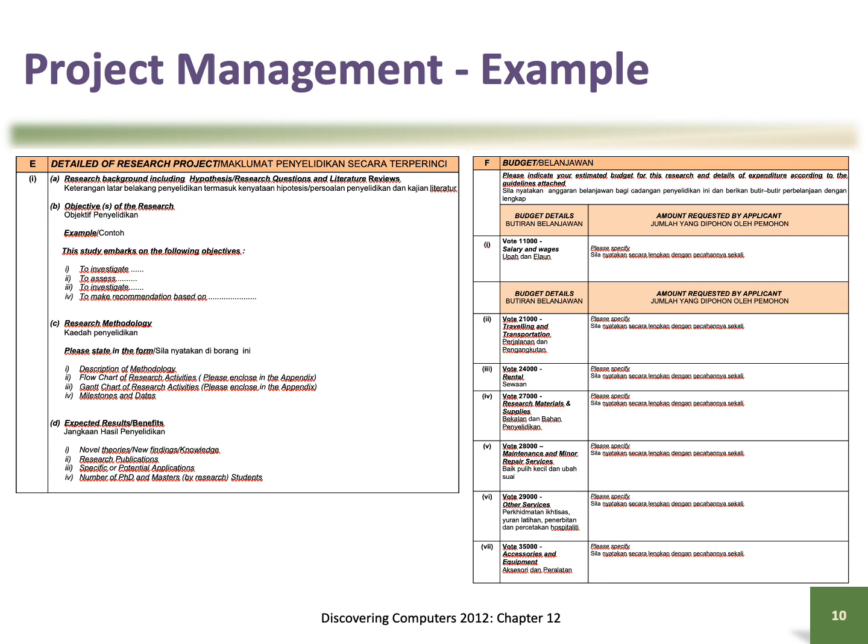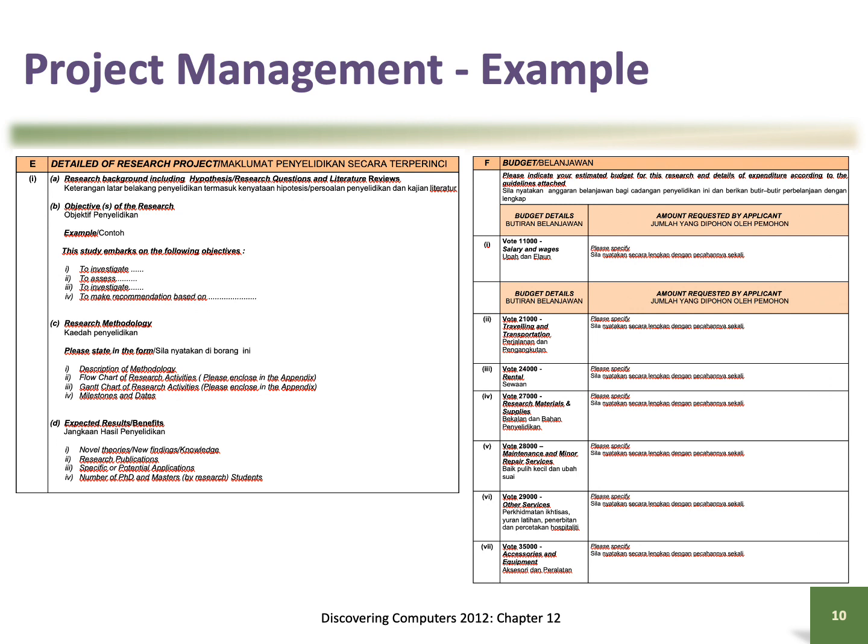So here is the important part, right? It says over here, detail of research project. So it asks everything in detail: the research background, the hypothesis, the research question, and also the literature review, which is what other people have done.